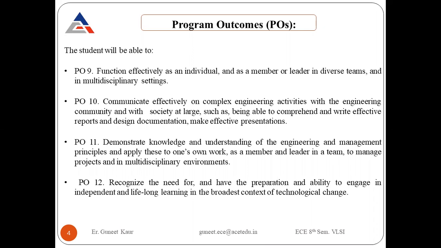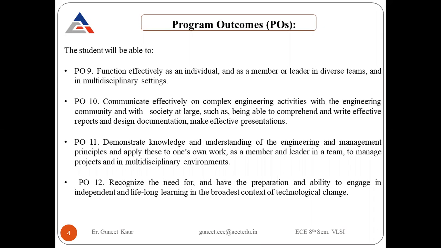So, after learning this subject, you will get these program outcomes.